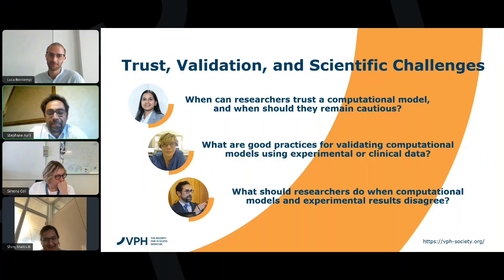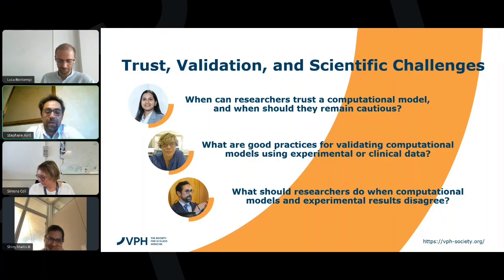Well, so I think maybe the answer would be different if we keep the word researcher or if we think more about engineers, because I tend to think that the best models or the best experiments are the ones that do not work, because they trigger the curiosity of researchers, and this is where you learn and where you will discover something.